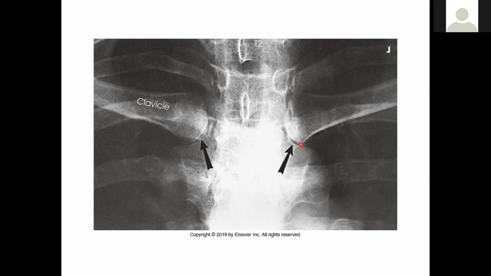And the easiest way to position for this, rather than have your patient facing the bucky, is if they're standing upright, turn them so that their back is against the board and center right on the joint. You should be able to either palpate or easily see the jugular notch. And the SC joints live right there. Once you've centered and collimated down to that area, simply turn your patient around.